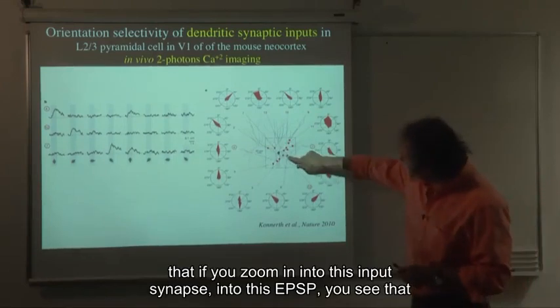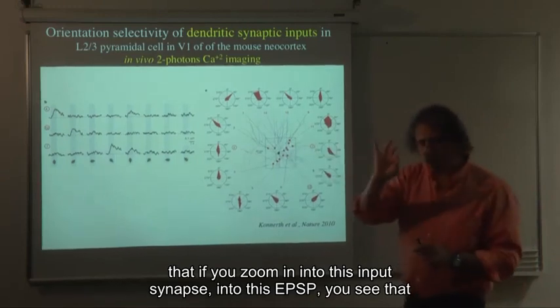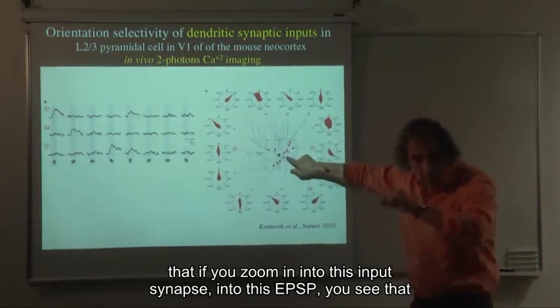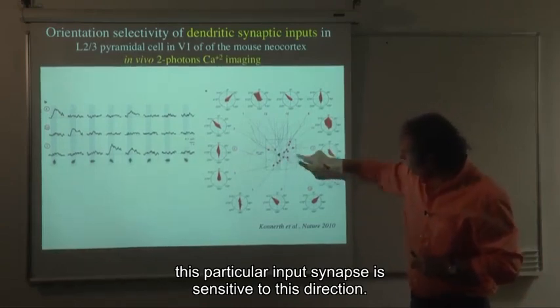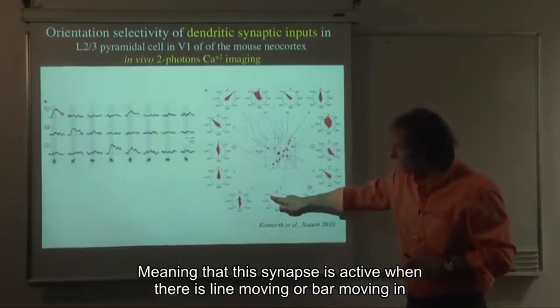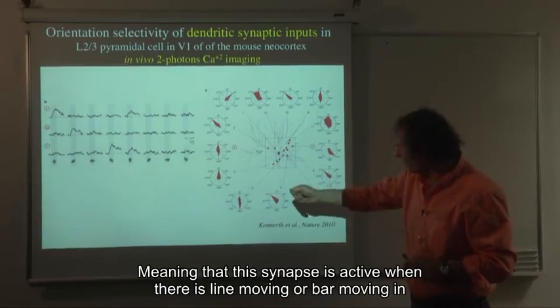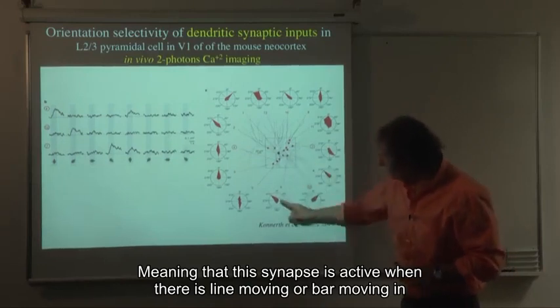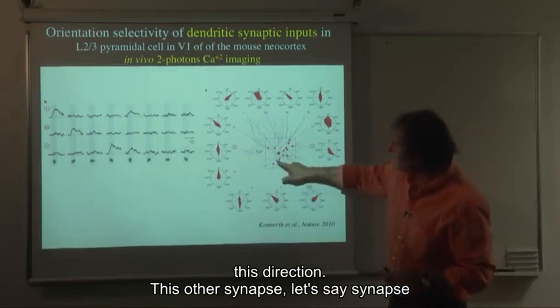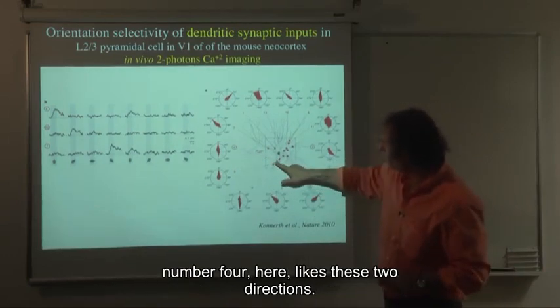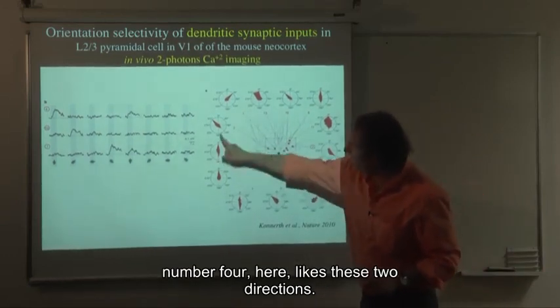If you zoom in on this input synapse, this EPSP, you see that this particular input synapse is sensitive to this direction, meaning that this synapse is active when there is a bar moving in this direction. This other synapse, let's say synapse number 4 here, likes these two directions.